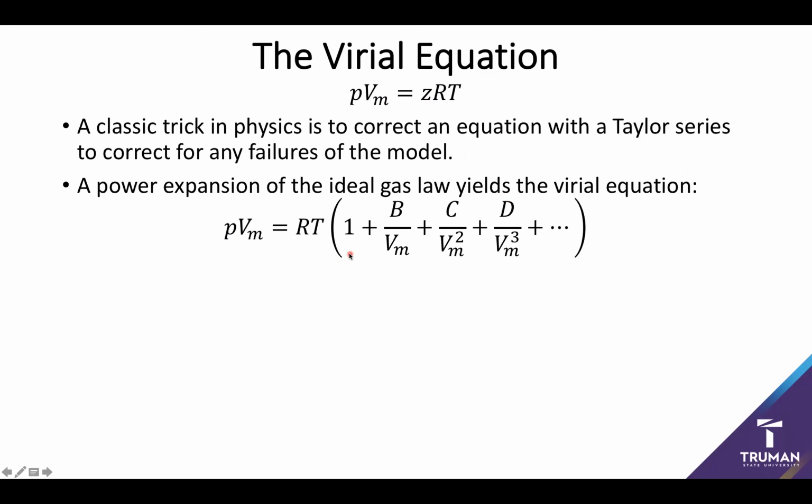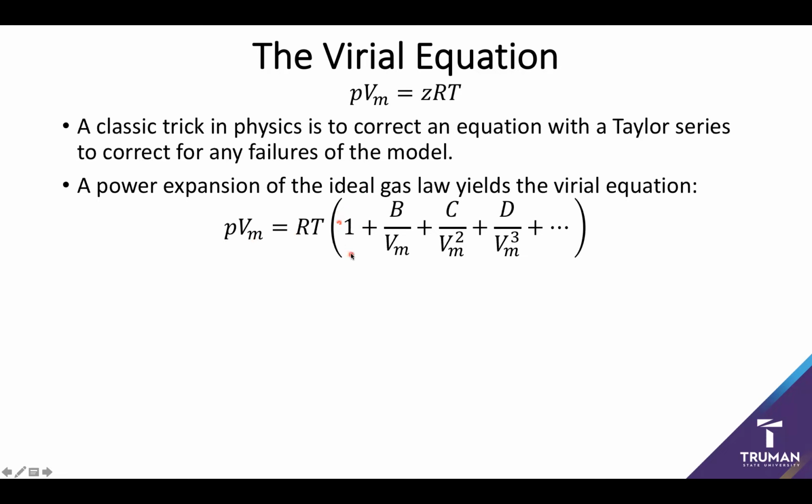So we have the original value, our A coefficient, which we know should ideally be 1, because if the system behaves ideally, our Z should be 1, and we end up getting the ideal gas law back.